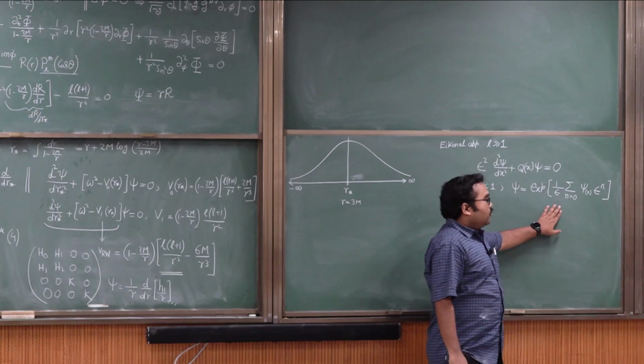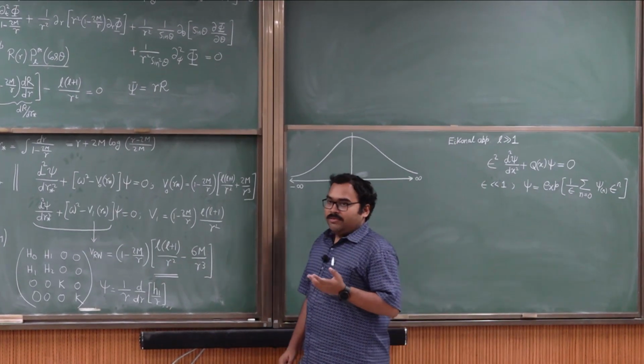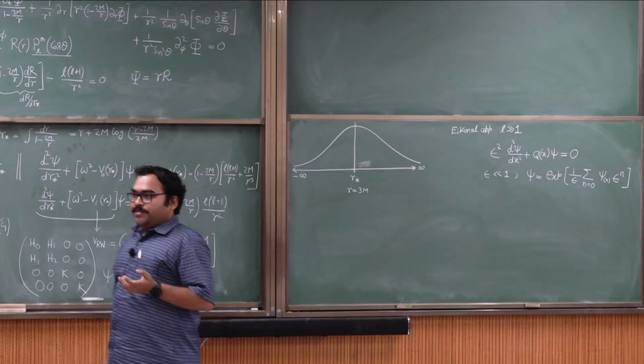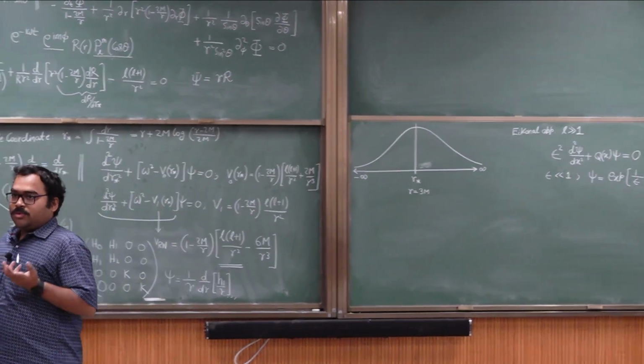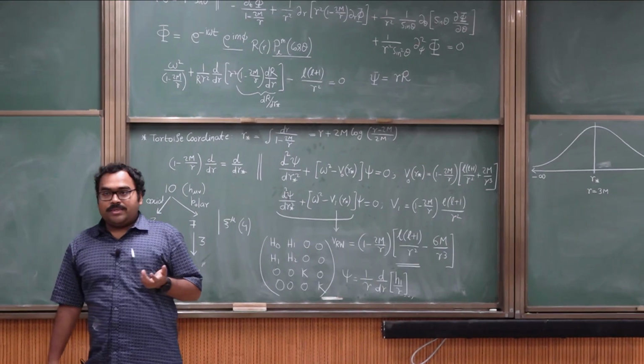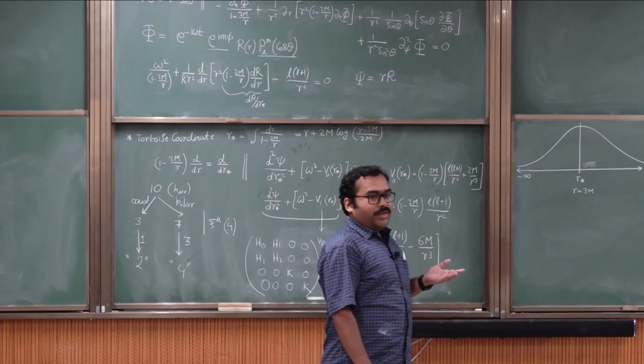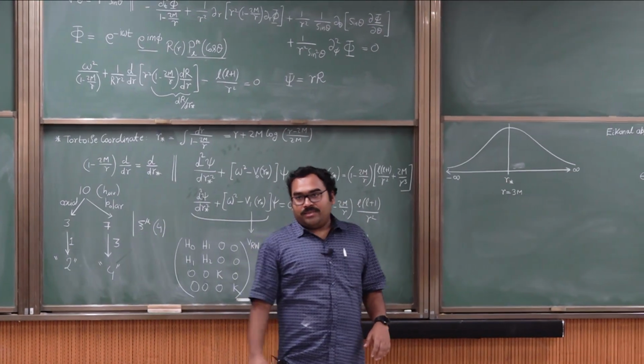You must have come across this series before, because when someone asks you, well, you have Schrödinger equation, can you get back Newton's law from it? What do you say? I will take h bar tending to 0 limit, but if you take h bar tending to 0 limit of Schrödinger equation, then it's a disaster. You get E square is equal to V, which makes no sense at all.